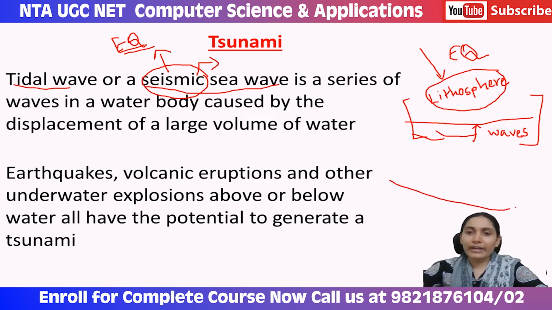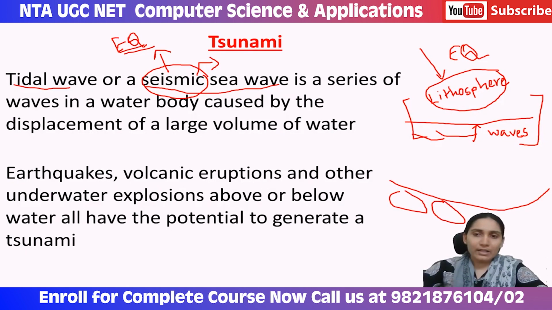In the hydrosphere also there are plates beneath the surface of the ocean. Any sudden movement of the plates beneath the surface of the ocean will lead to seismicity beneath the ocean, and will form seismic sea waves, or it can also be a tidal wave.